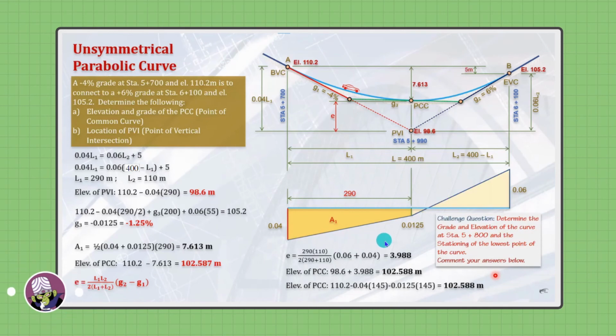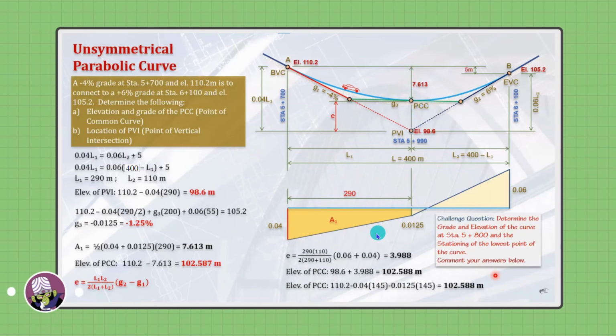Since we already have the grade G3, which is negative 1.25%, looking at the grade diagram, this is the grade diagram wherein L1 is 290. This is the area at 0.04 grade and 0.06 grade. As you can see here, this here is the lowest point. So we need to get the elevation of this.